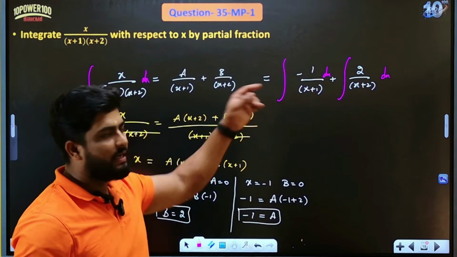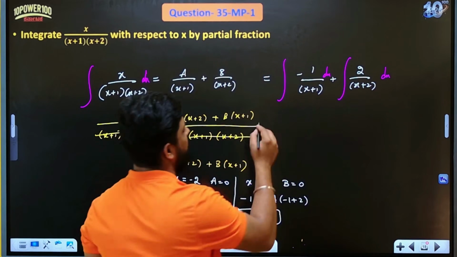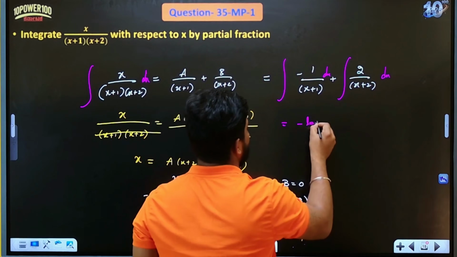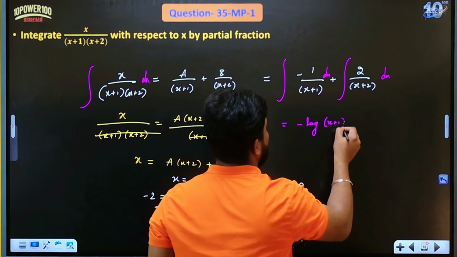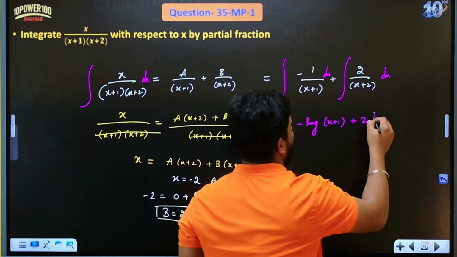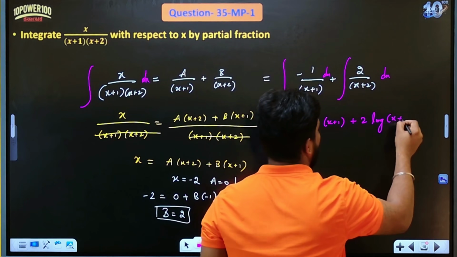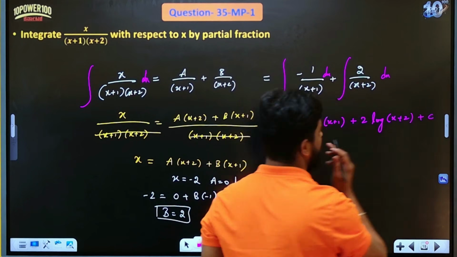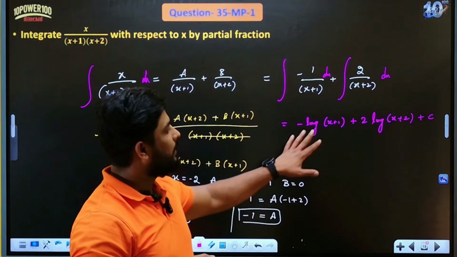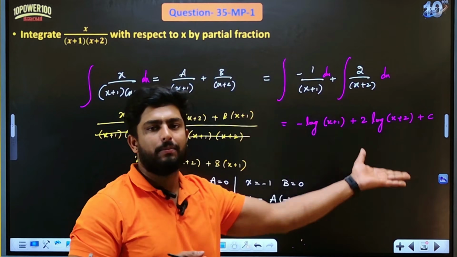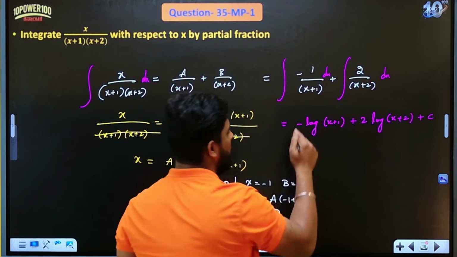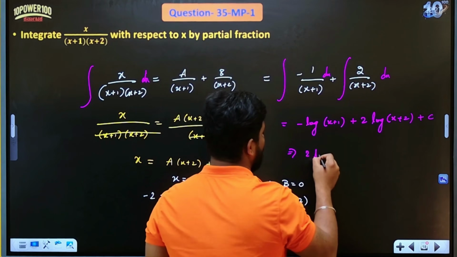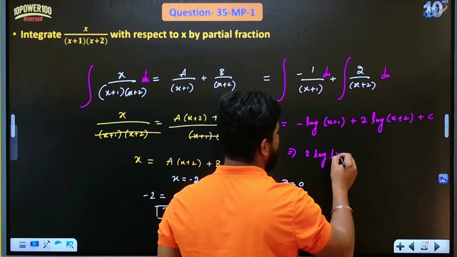Okay, if you write this much, now it is simple, children. If I keep minus outside, this becomes minus log of x plus 1, plus 2 log of x plus 2, plus c. You make many mistakes while writing this, but catch it here. You can write another step. The step is very simple: write the positive term first. So 2 log, and it's better to always put it in modulus.